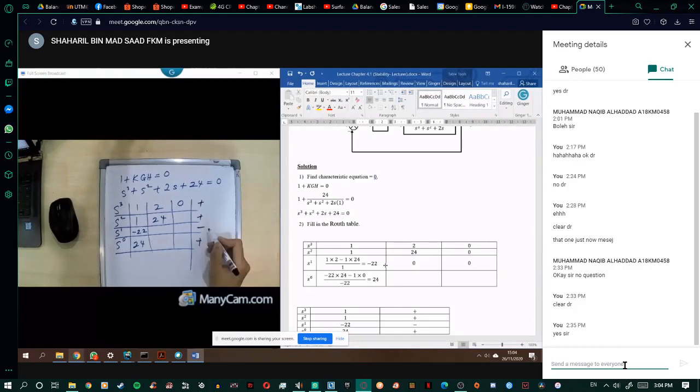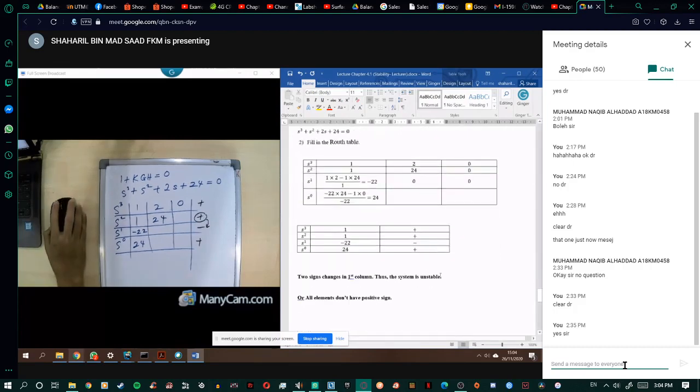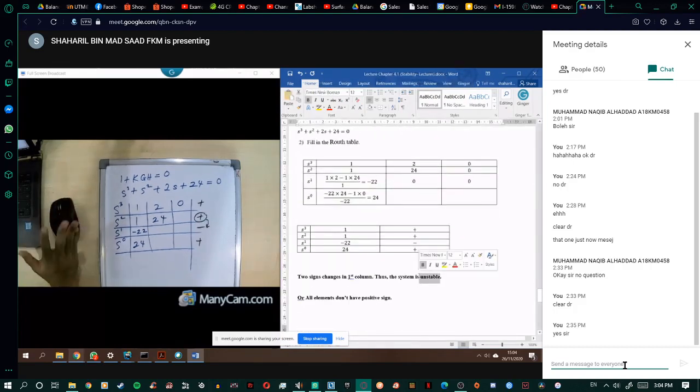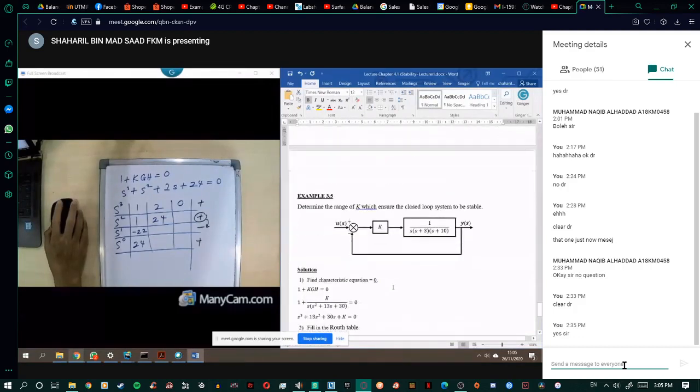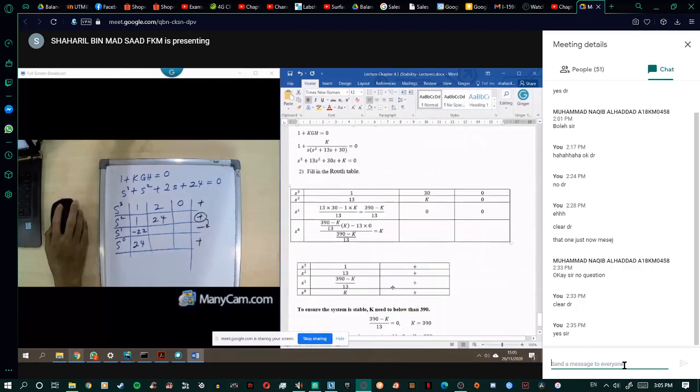That means there is one sign change, so you can say that your system is unstable. You don't need to draw the graph or look at the graph and so on. You just do the root table.